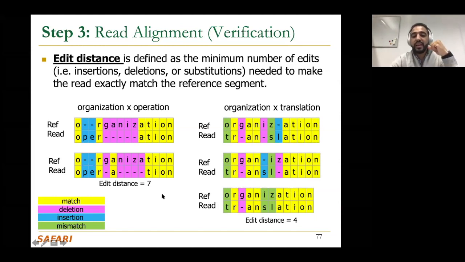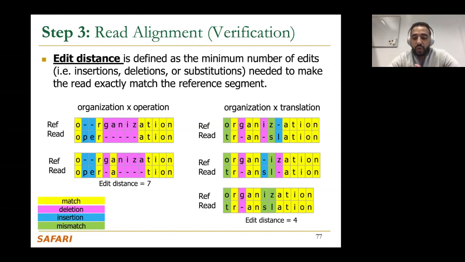So this is another example where you can have more ways to match or to find the edit distance. Now, since we define the edit distance to be the minimum, it might be easy to find which way gives you the minimum edit distance. But again, that is not enough, because we still have different ways with the same minimum number of edits to make a string exactly match the other string.